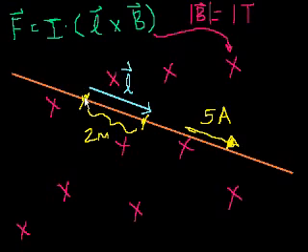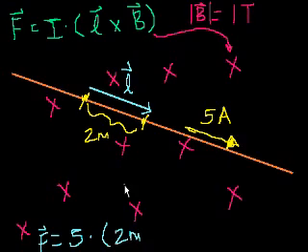It's 2 meters in that direction. I is 5 amperes, and we already figured out that the magnetic field is 1 Tesla. So what's this going to be equal to? The force is going to be equal to, we're using all SI units, so we don't have to convert anything, 5 amperes times 2 meters in that direction.